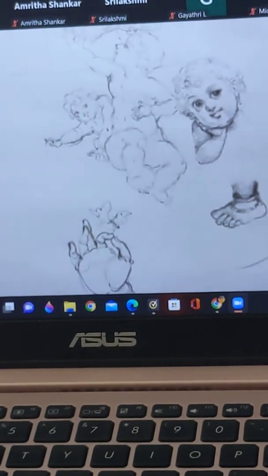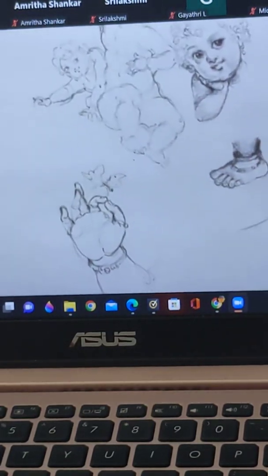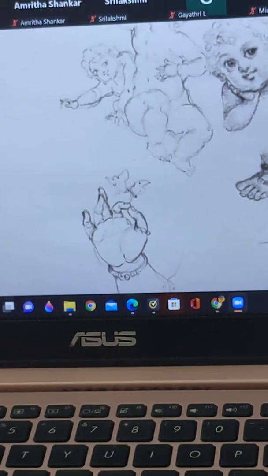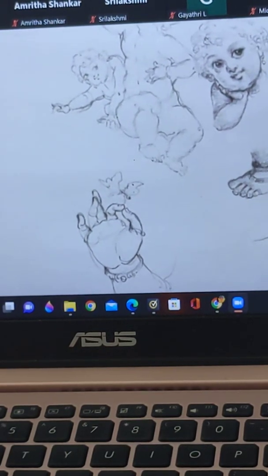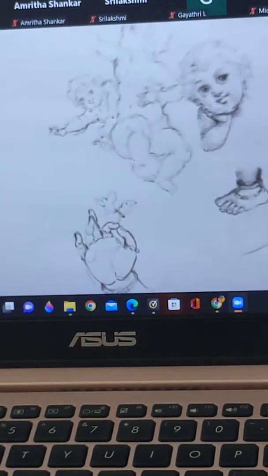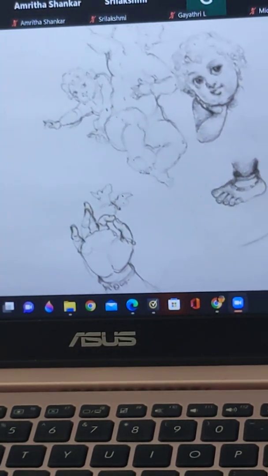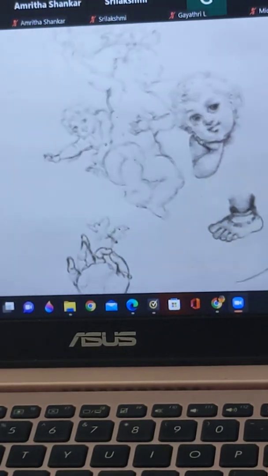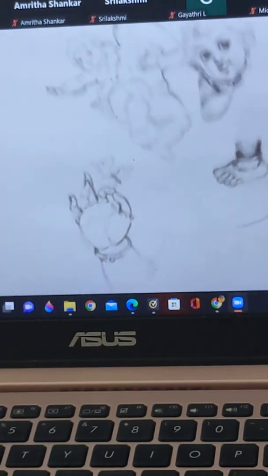Although you may see people around you, you would never notice a few characteristics or details. If you start observing your surroundings more, it'll be helpful with your drawings. Any questions?